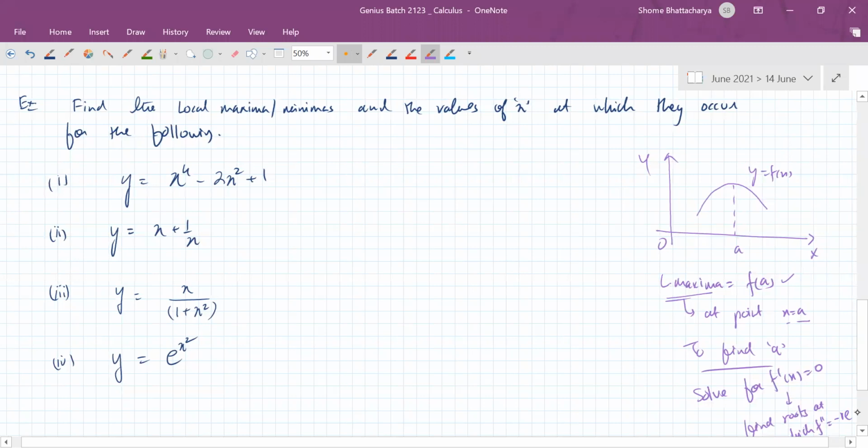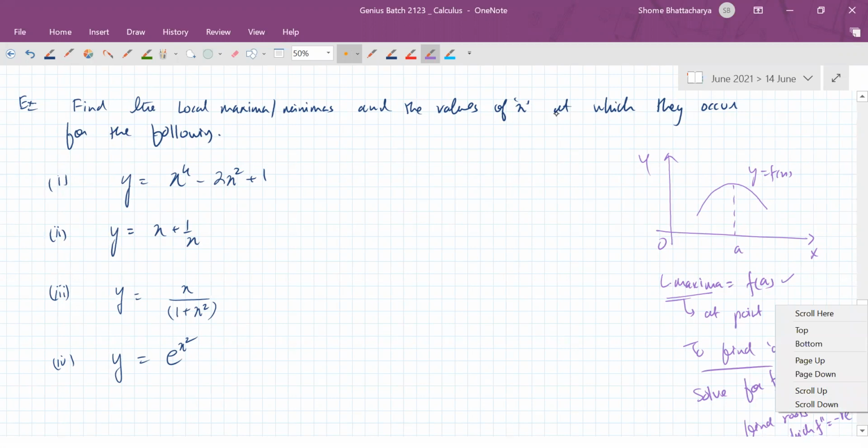Whenever we equate an expression to 0, the values at which it's equal to 0 are called the roots of the equation. So roots of f prime x are nothing but the critical points, the turning points, where the function might be having a maxima or a minima.